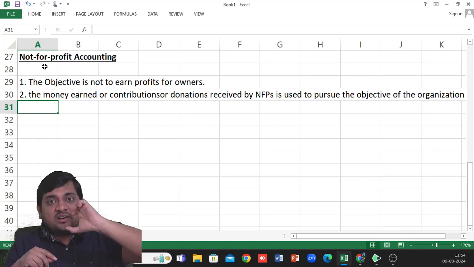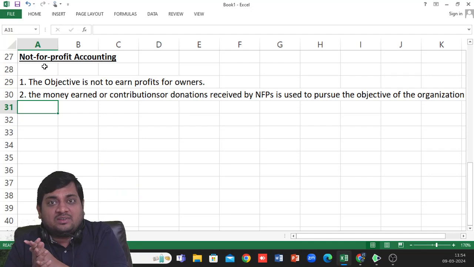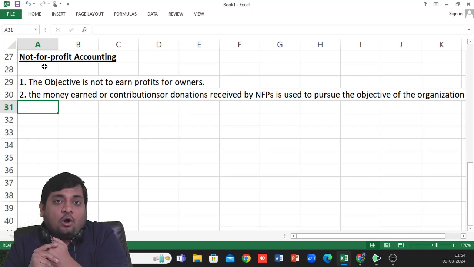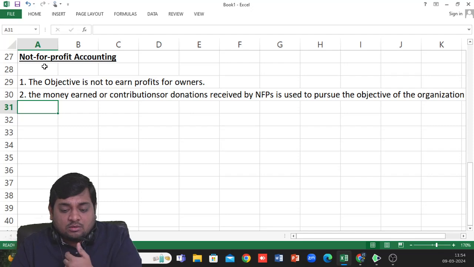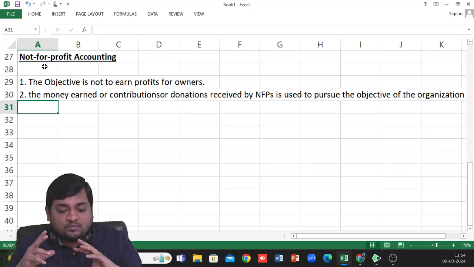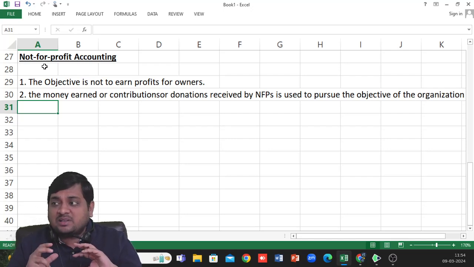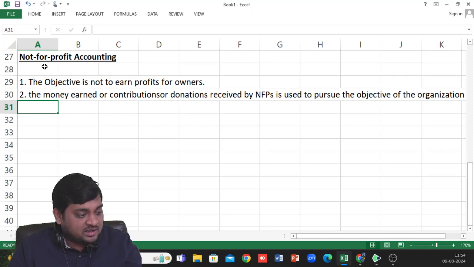That money generated is used for the objective like providing medical relief or providing education, right, or creating old age homes for the elders, right. So the ultimate objective is to pursue the objective. The ultimate purpose is not to earn profit for the investors, right.